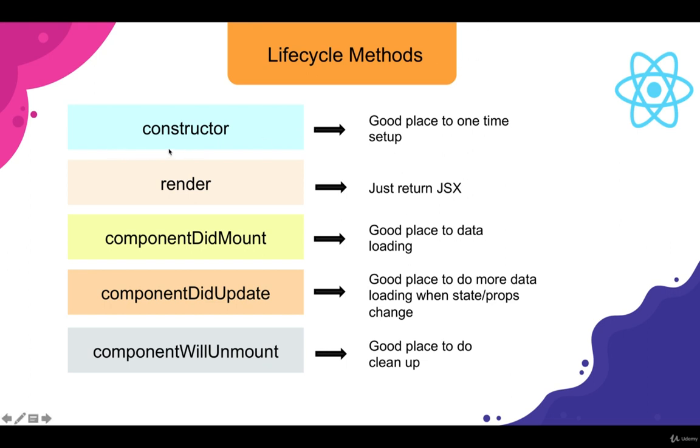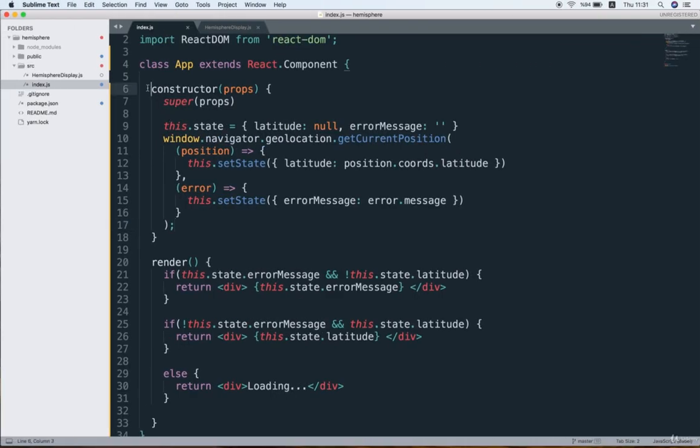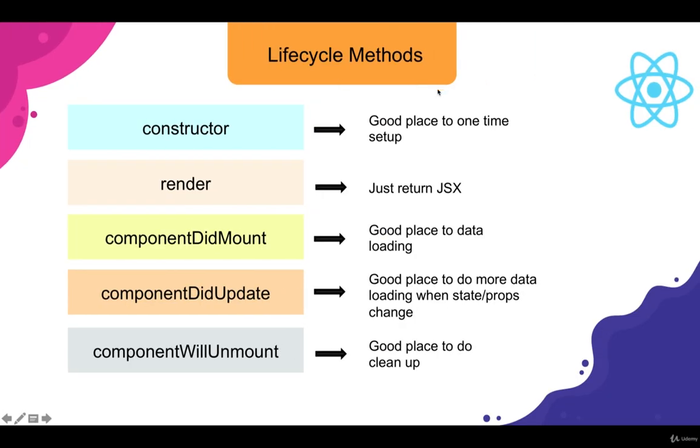So we've already seen the constructor function. That is a function that we can optionally define if we want to. It will be automatically called when a new instance of our component is created. And we've also spoken about the render method.